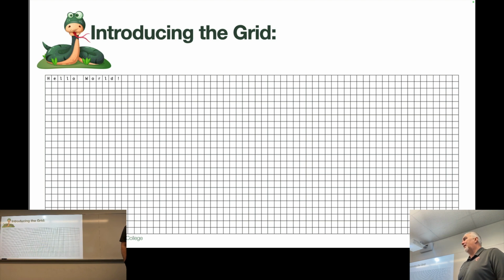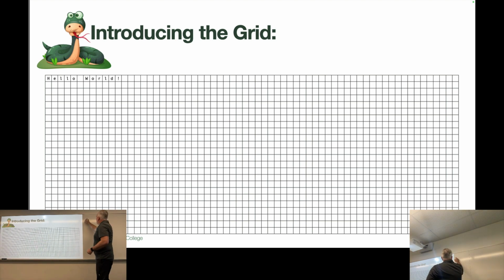Every character in every font was one character wide, whether it was a period or an L or a big W. See, when we started talking about fonts, what we realized is that different characters were different widths.